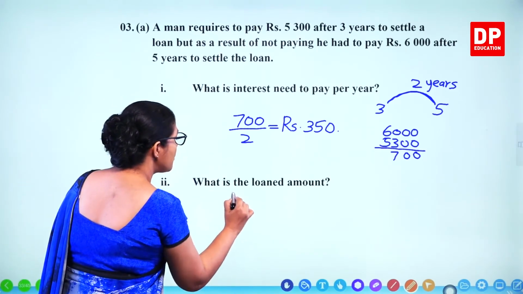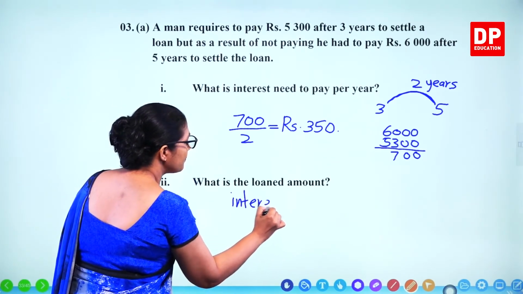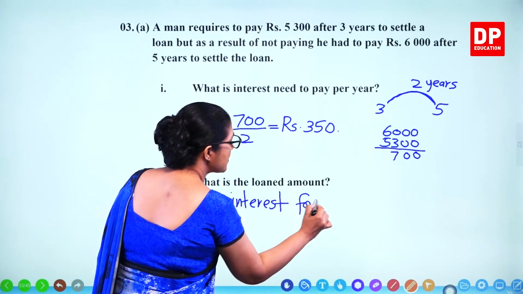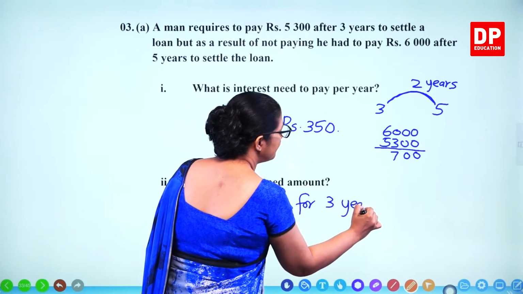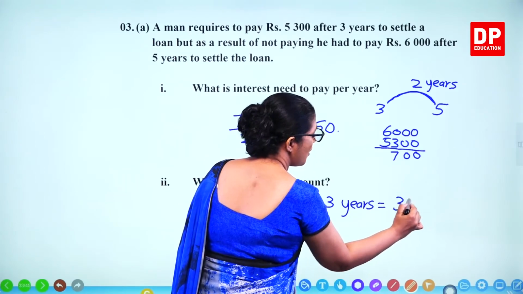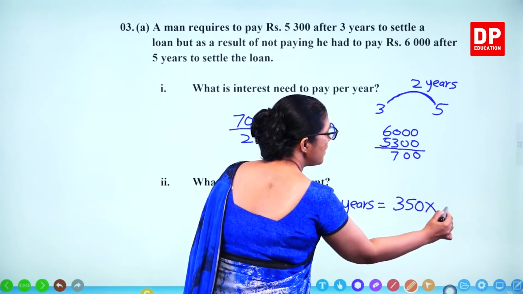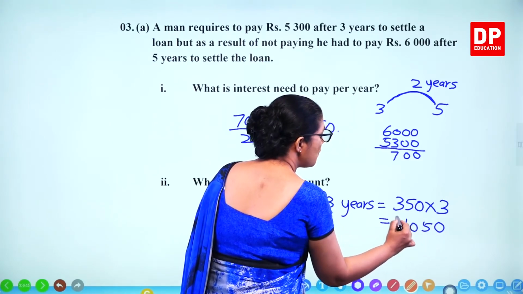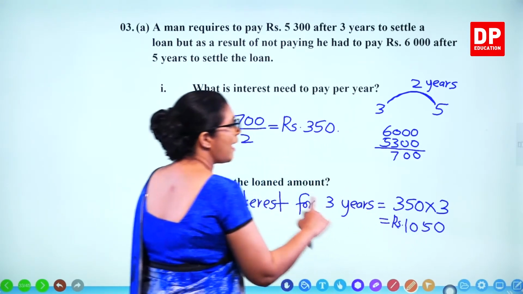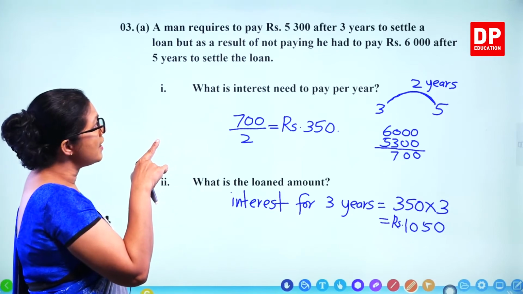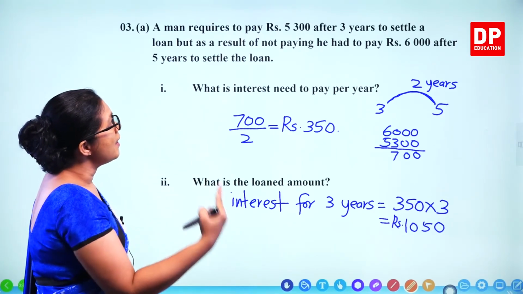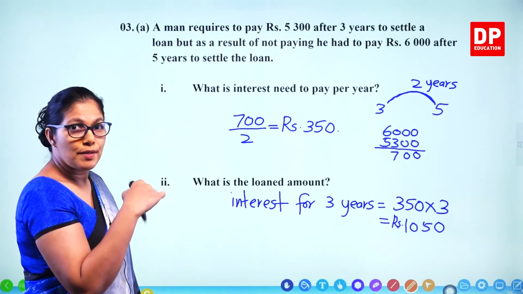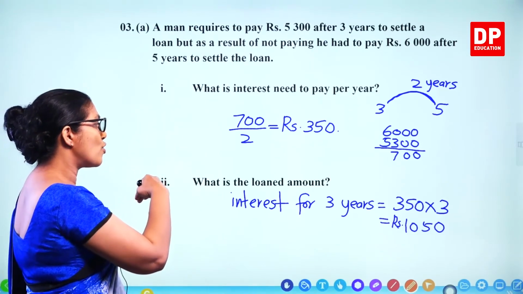So what is the interest for 3 years? 350 per year, 3 years, the interest is 1,050 rupees extra. So 5,300 minus 1,050 because we need the loaned amount.